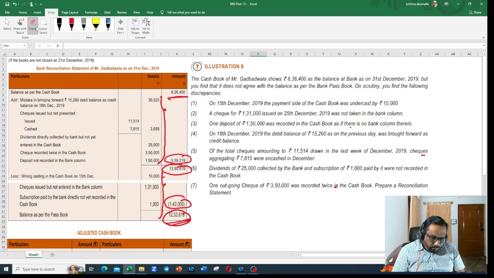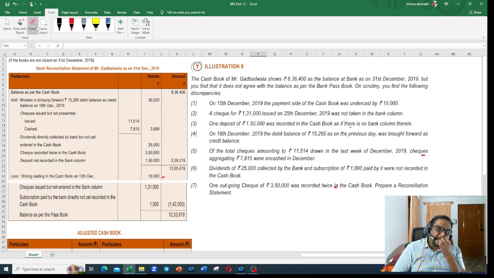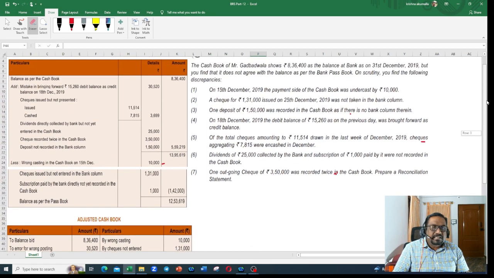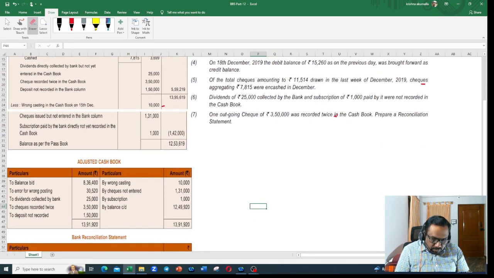Now, as I said previously, what we are going to do now is prepare the adjusted cash book balance as well. So here, what is the balance they have given? 8,36,400 as per the cash book, right? So here you see, 8,36,400 is the balance. They have already debited this.